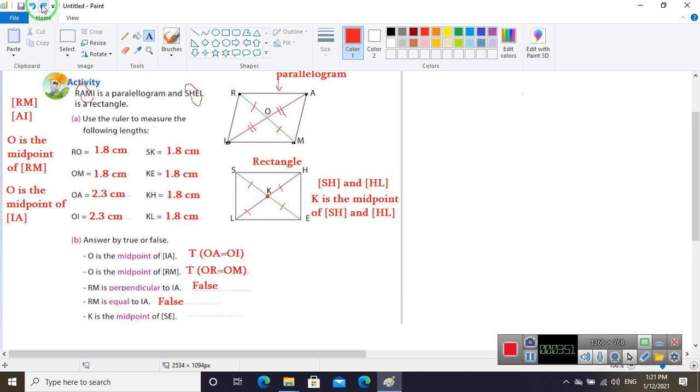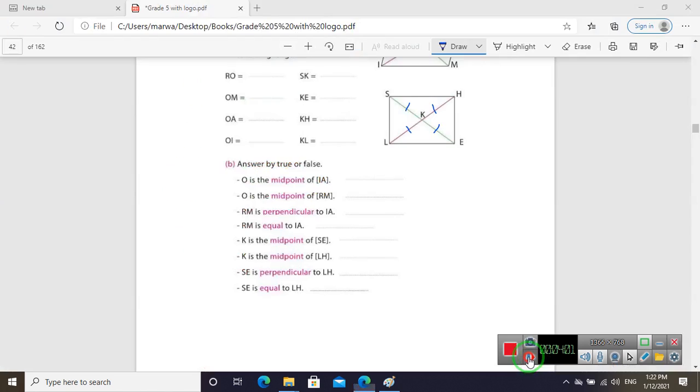K is the midpoint of SE. Look well, K is the midpoint of SE. Yes, it's true, since KS equals KE. Let's continue with the last three questions. K is the midpoint of LH. Look at the coded information. So it's true. Very good. Since what?